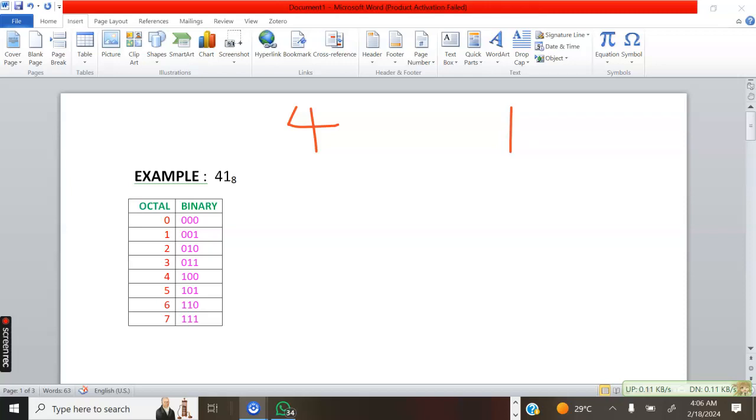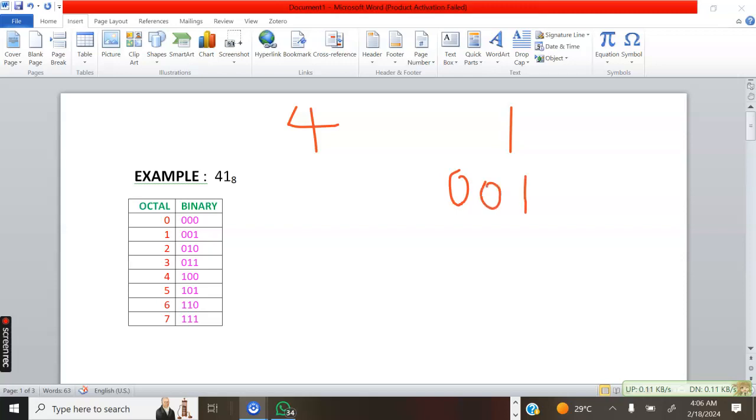Step 2, you obtain the binary equivalent of each digit and you write it in 3 bits below the digits. For the 1, it has 0 0 1.